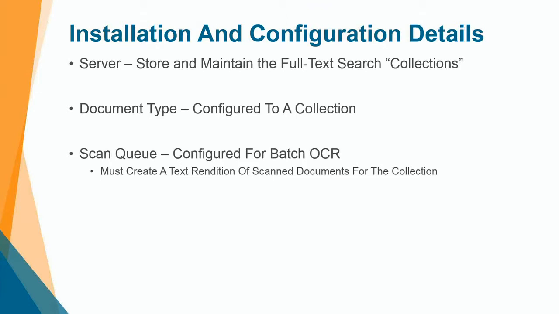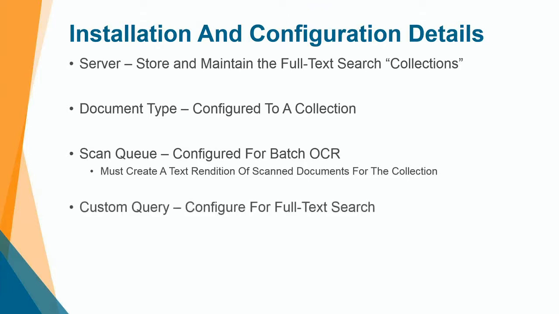For day forward scanning, we need to set up our scan queues to utilize this batch OCR. Because remember, when you scan something, it's just a picture. Your eyes are interpreting the specific words on it, but the computer system really knows no different than that it's just a picture. So we need to run those documents through a batch OCR process that is going to take that text rendition and add it to the configured collection for our document types.